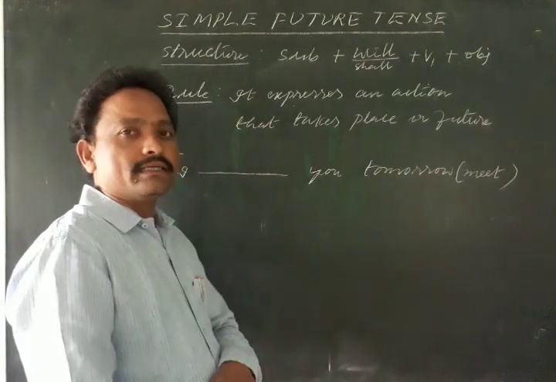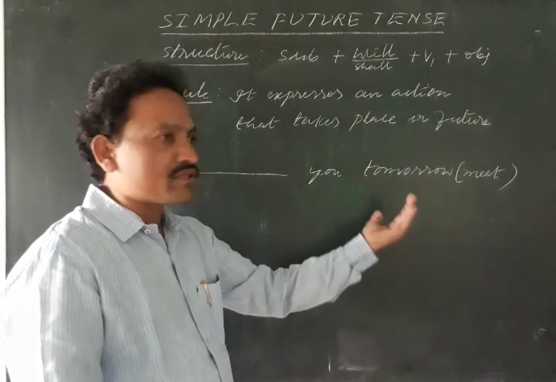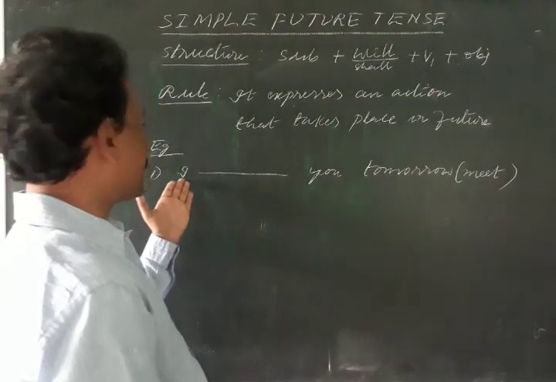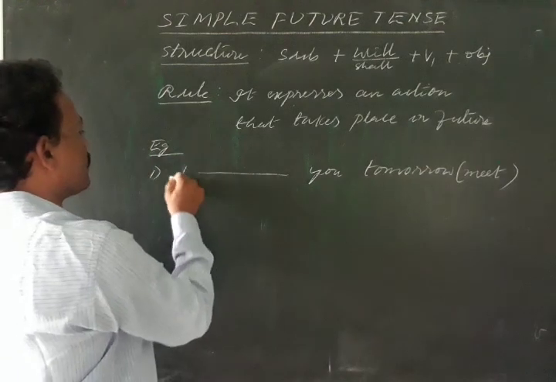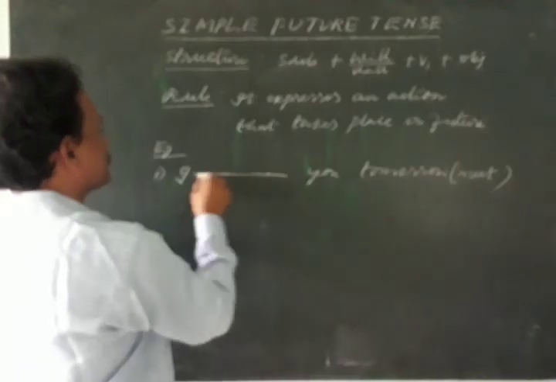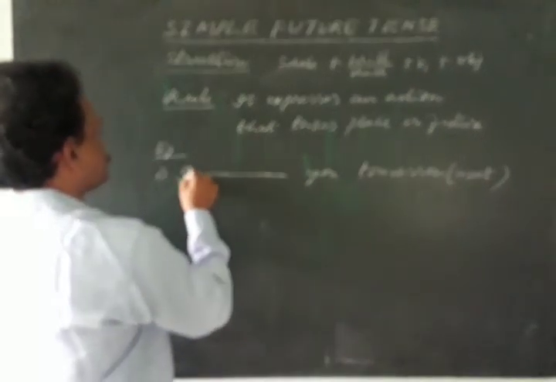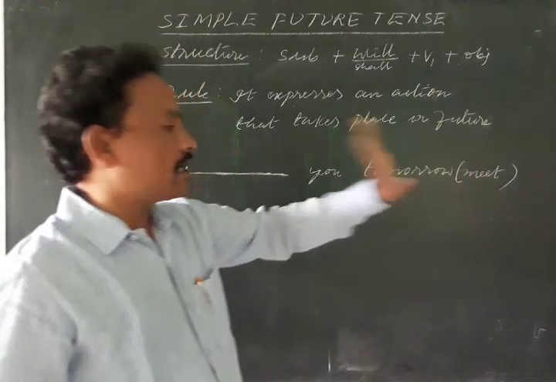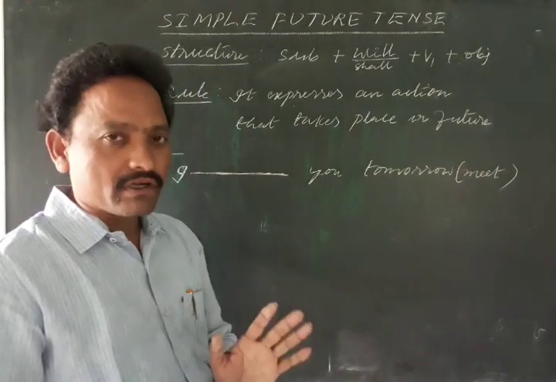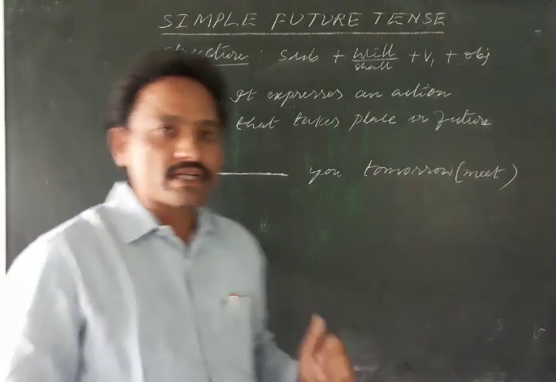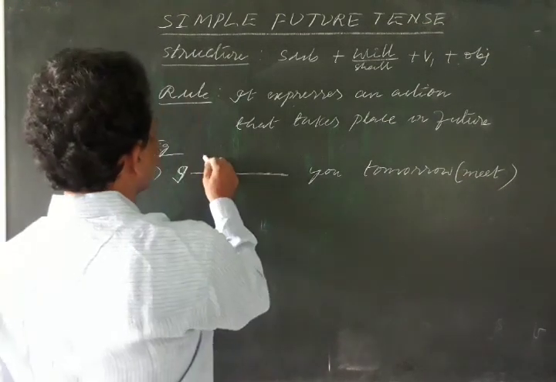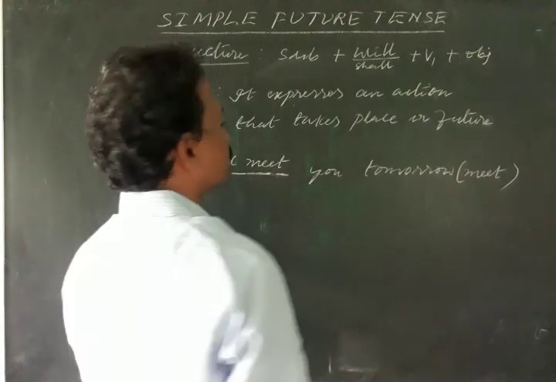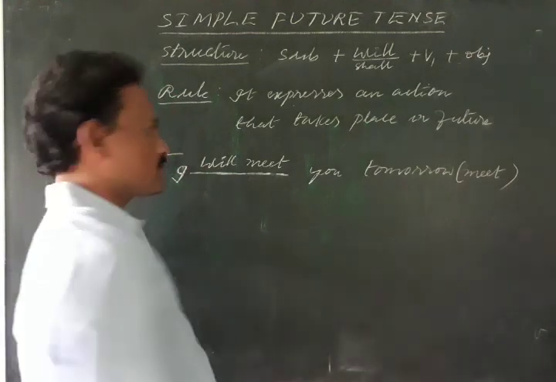If tomorrow is there, without any extra time mentioned in the sentence, that belongs to simple future. What is the subject here? I. Here, no need to focus on the subject, because whatever the subject, will or shall is used along with V1. So here, I will meet you tomorrow. That's all.